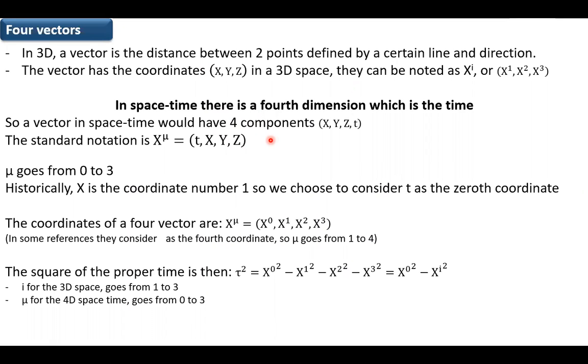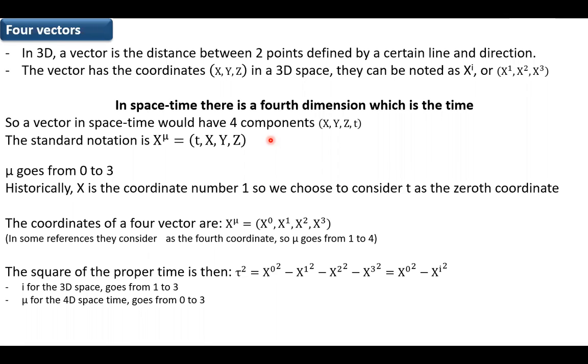So let's begin with a little comparison with a 3D vector. You know that in a normal space and in a Euclidean space, a 3D vector is simply the distance between 2 points of the space, but this distance is defined by a certain line and a certain direction.